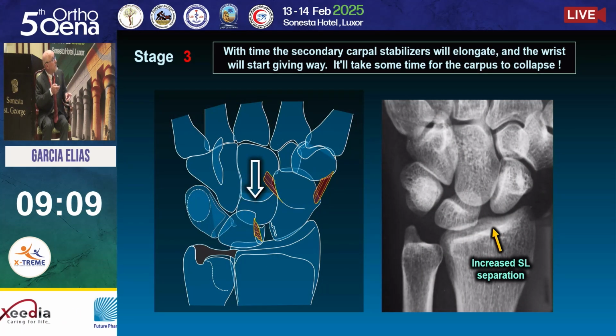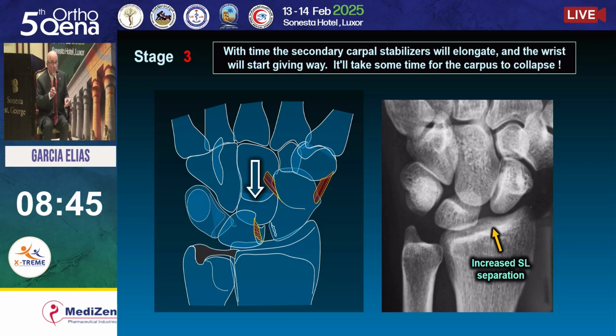After that, we have stage 3, in which there is increased scapholunate separation, a complete rupture, and now we can see how that progresses. The carpal stabilizers will elongate, and the bridge will start giving way. It'll take some time for the carpals to collapse as usual.